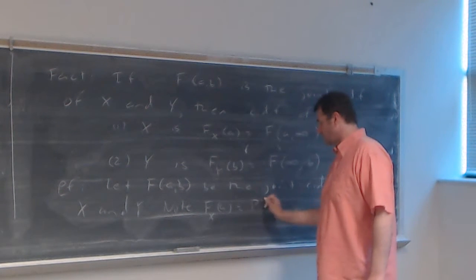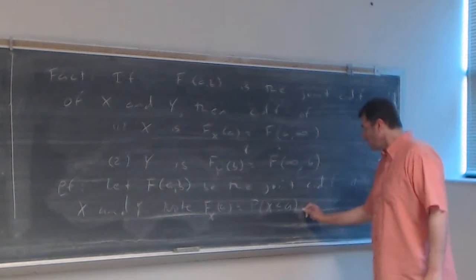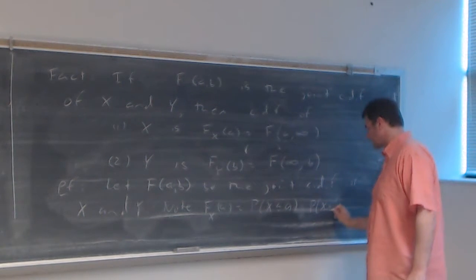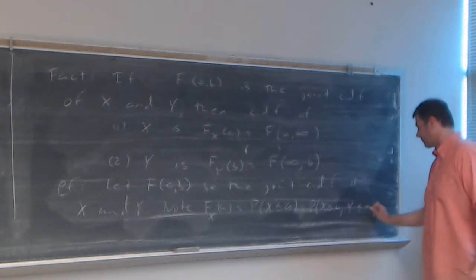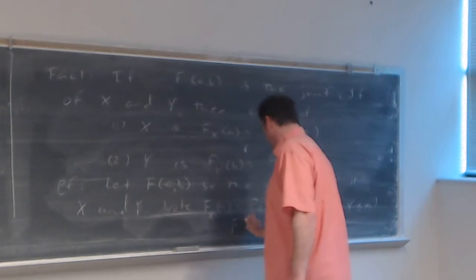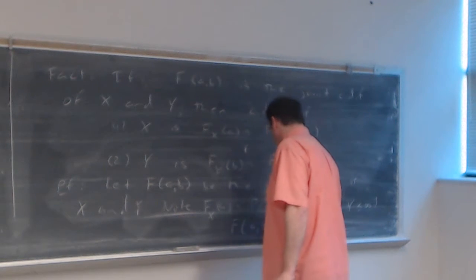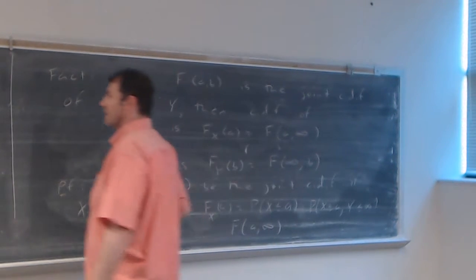All right, what is this? This is the probability that X is less than or equal to a, that's its definition, and Y is less than or equal to infinity. Well, it's a real number. And so that's equal to F of a, infinity, using the joint CDF.